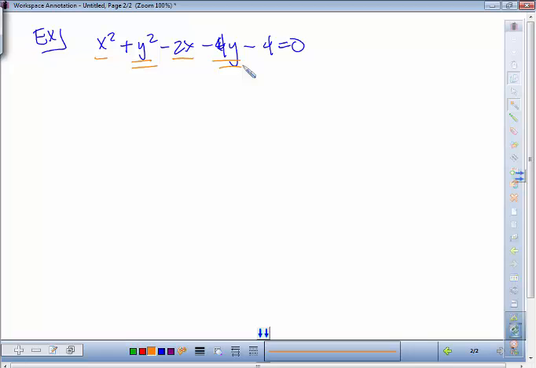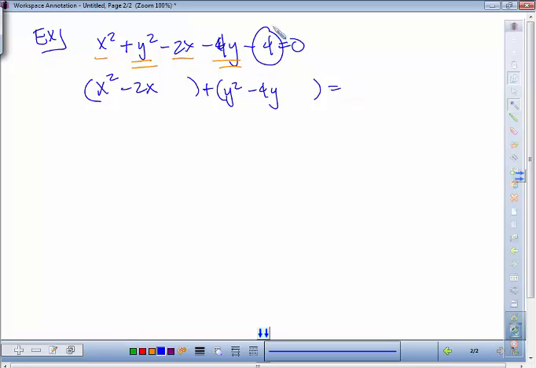So we have x squared minus 2x, and let me wrap some parentheses around that. We've got y squared and 4y, leave some space there. And then let's bring this term over to the other side already, so the negative 4 becomes a plus 4 on the other side.